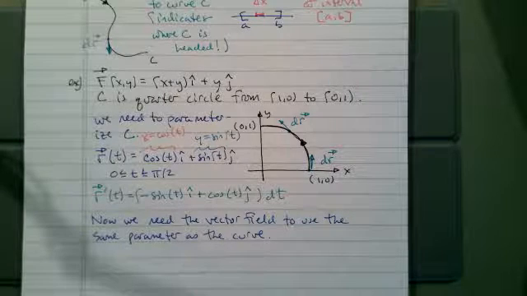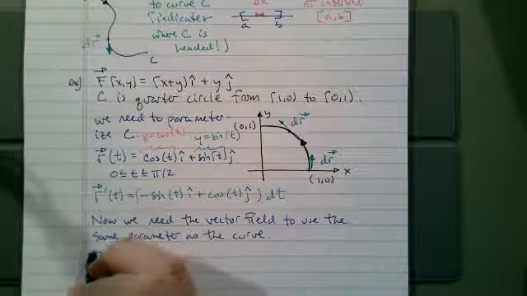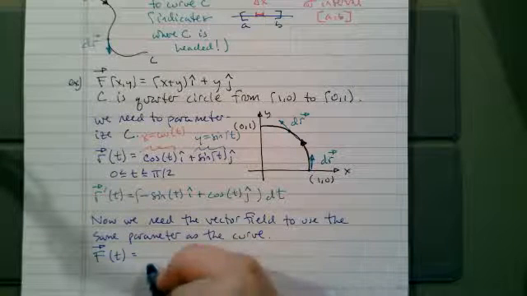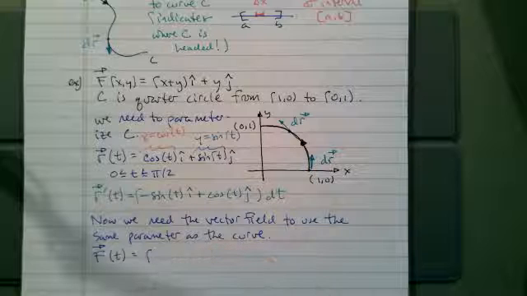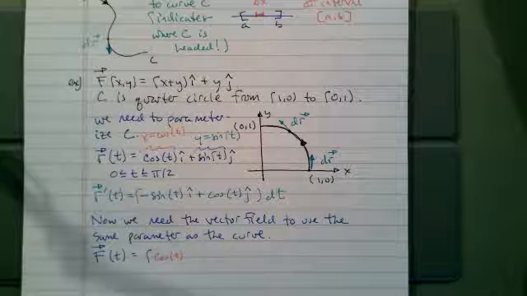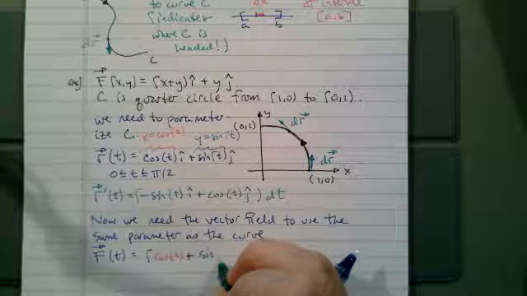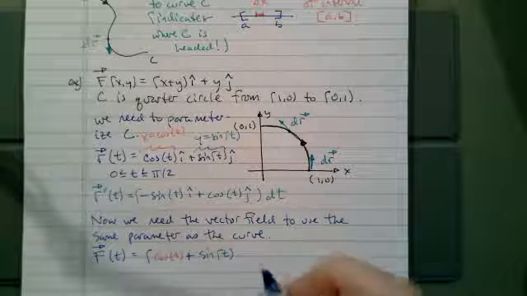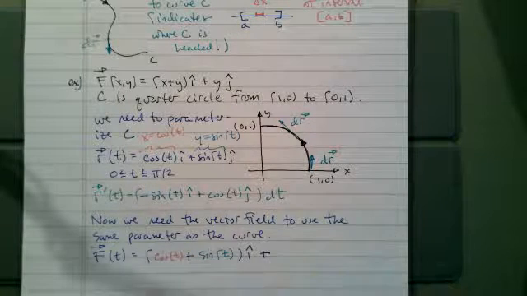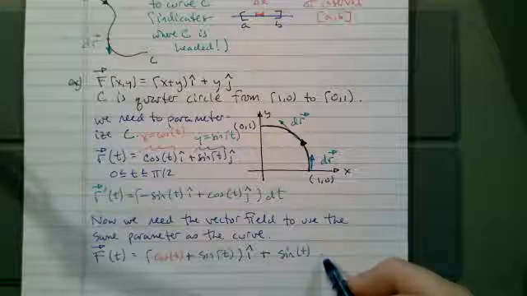So I'll just rewrite the vector field as cosine of t plus sine of t times i, plus y is sine of t, so sine of t times j.